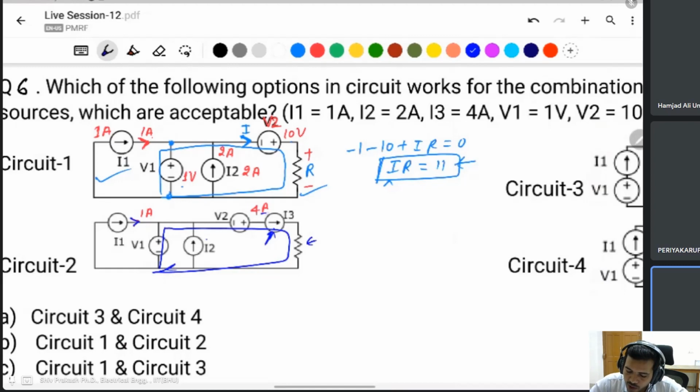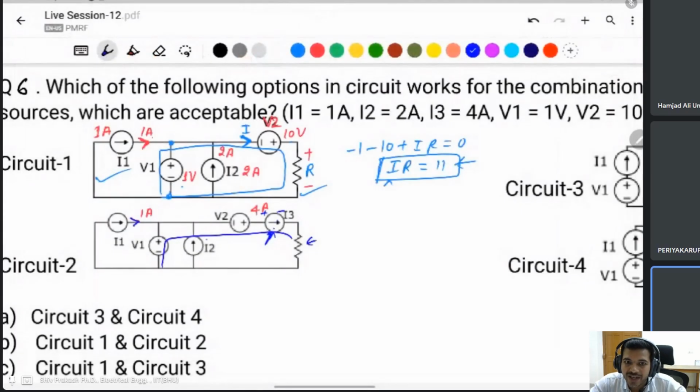You can take any voltage drop here across the current source. Then this will also satisfy the KVL. We check only where the circuit has violated the rules of KVL and KCL, but here there is no violation of the rules of KVL and KCL, because the quantity is not mentioned.